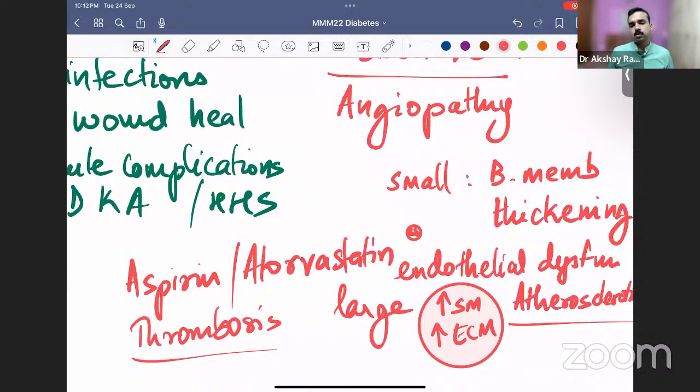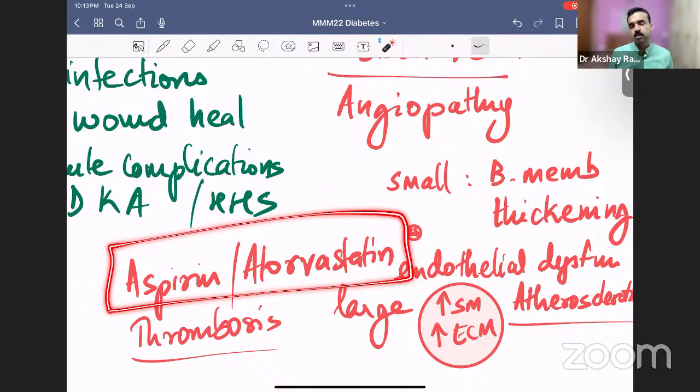Okay, so patients of diabetes mellitus, whoever is diagnosed with diabetes mellitus, most often they'll have a coronary artery disease. It's almost equivalent. They're called coronary artery disease equivalent. Type 2 diabetes is a coronary artery equivalent.